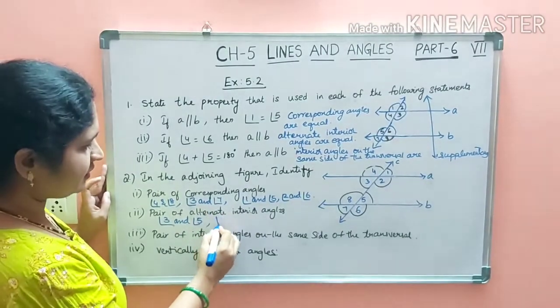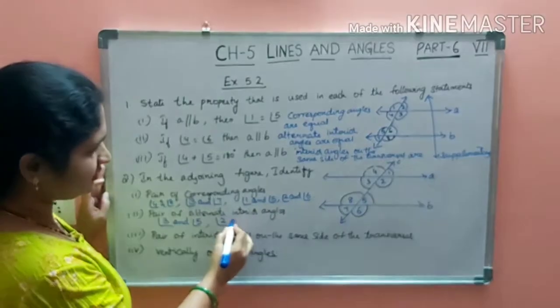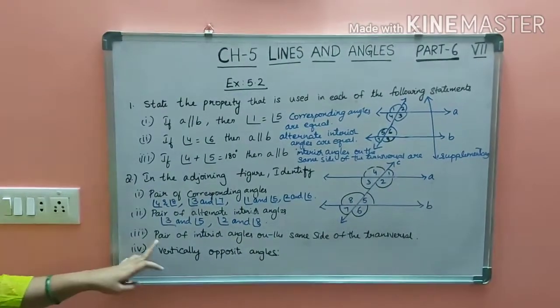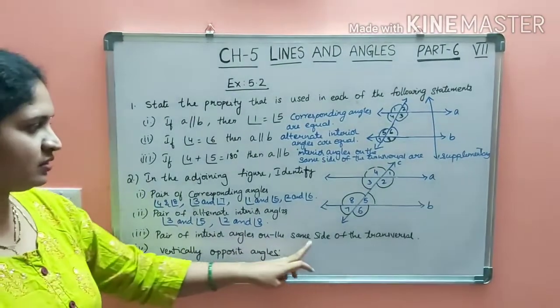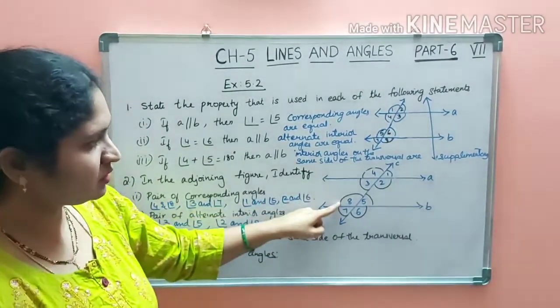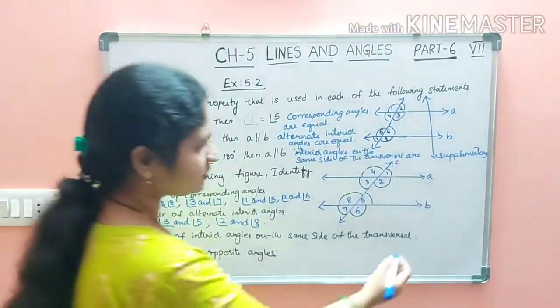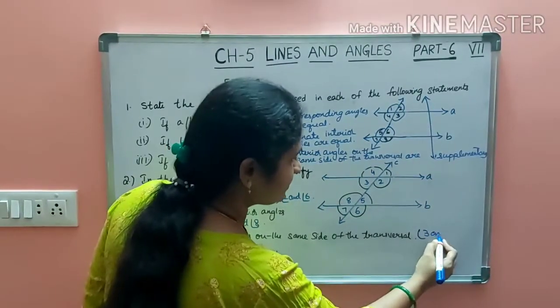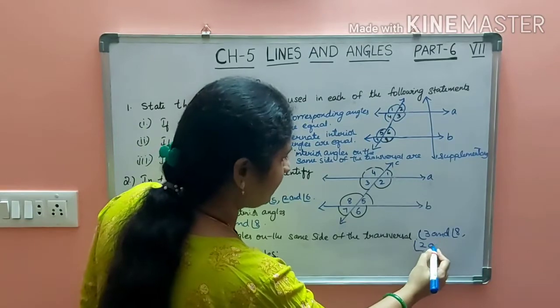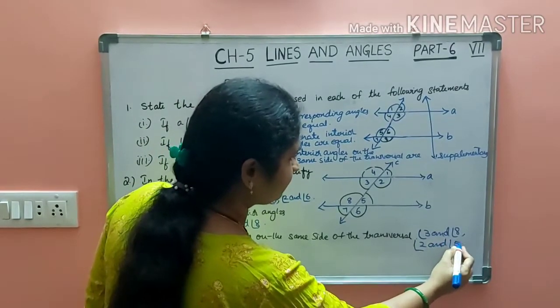Another pair is angle 2 and angle 8. Coming to third bit, pair of interior angles on the same side of the transversal. So angle 3 and angle 8, comma, angle 2 and angle 5.